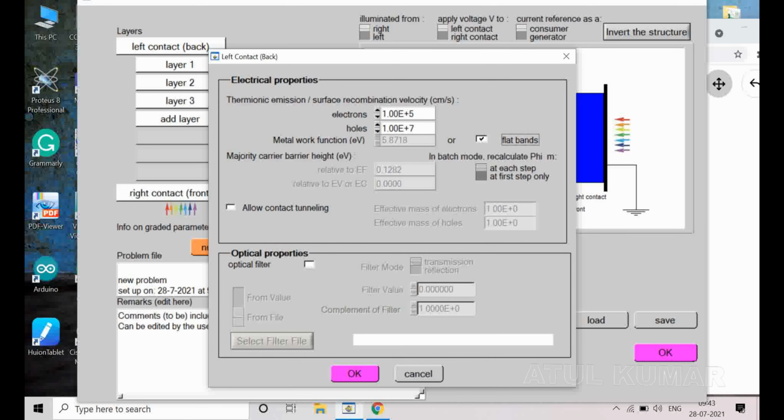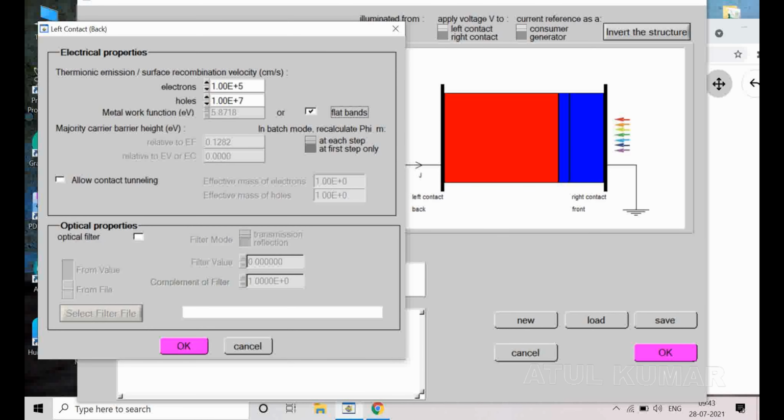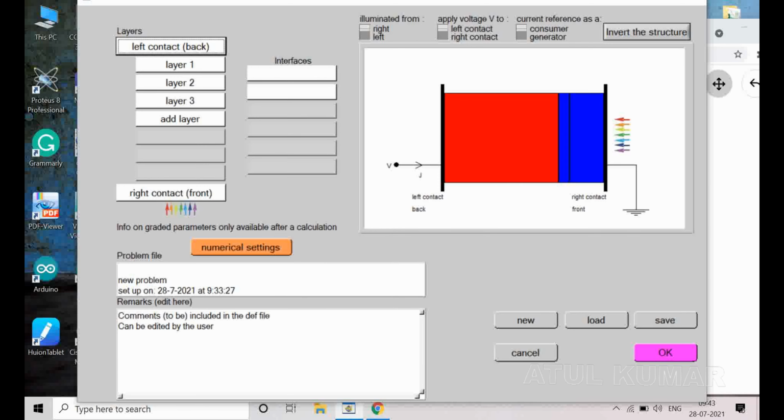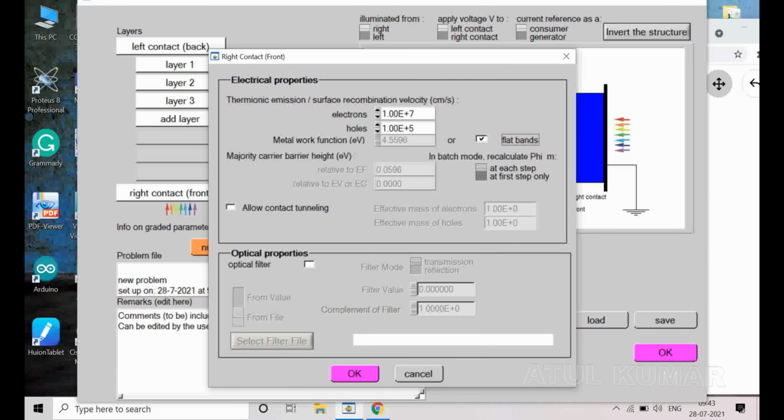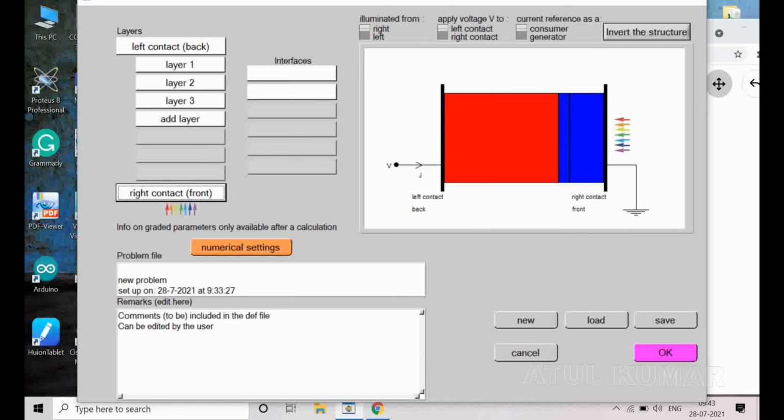Okay, the third behavior, if I show you: I will remove this Schottky barrier and take flat band condition. Flat band means near ohmic contact, so there is no secondary Schottky barrier at your back contact. The front side will always be flat band, because making an ohmic contact with the N type or N plus type layer is considerably easier.